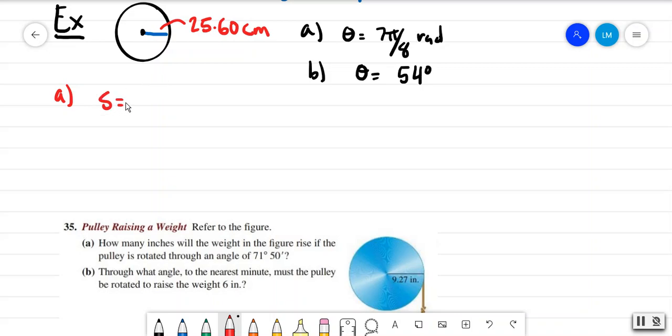You have S equals R times theta, but what is R? R is 25.6 centimeters, so that's multiplied by 7 pi over 8. If we multiply through, that should give us what we want.